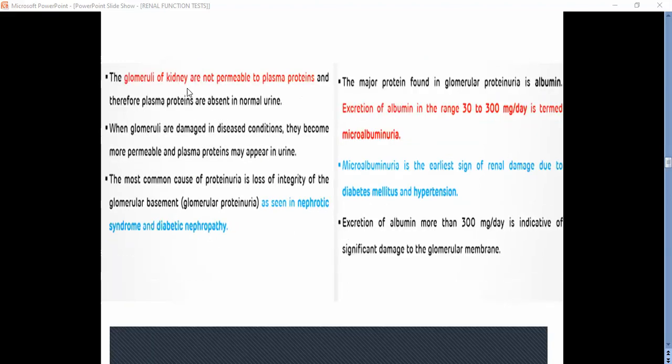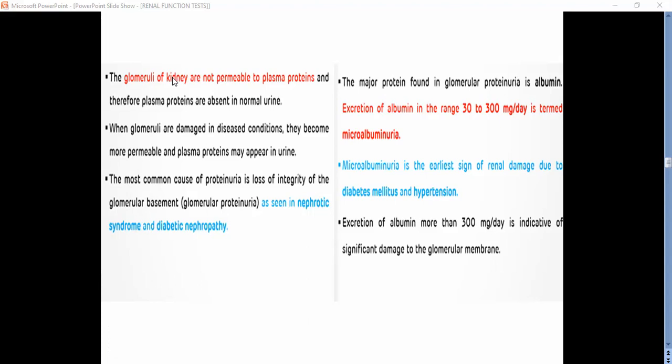The glomeruli of the kidney are not permeable to plasma proteins, and therefore plasma proteins are absent in normal urine. In ordinary conditions they are not filtered. When the glomerulus is damaged, plasma proteins come out into the urine.